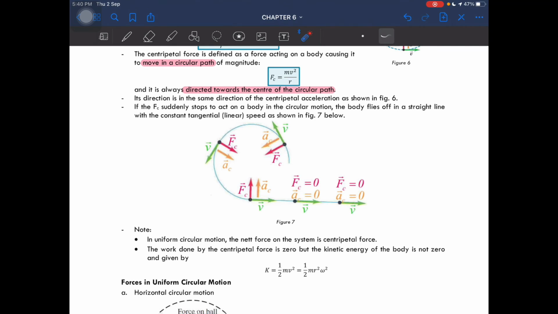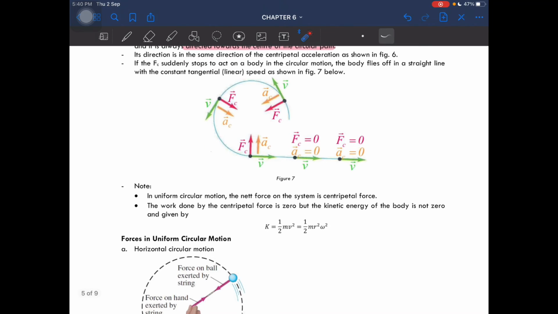It will move in a straight line like that. We call it linear speed. We don't call it a tangent. It will not move circularly anymore. It will move linearly.